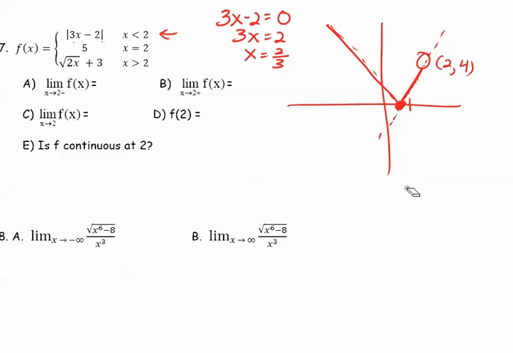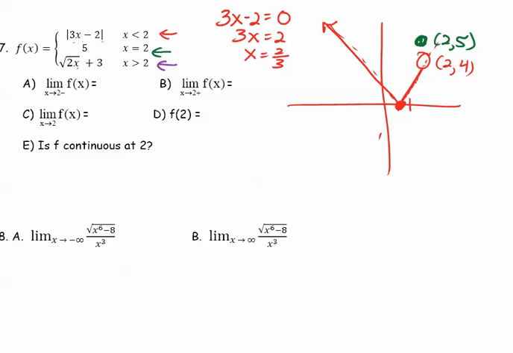You didn't need to graph that line, but that might be a helpful way to think about that if you weren't sure about absolute value. All right, and our second part of the domain, when x is 2, we get a point at 5. And the third part of our function, when x is greater than 2, we've got the square root of 2x plus 3.